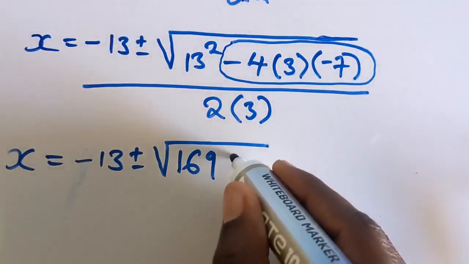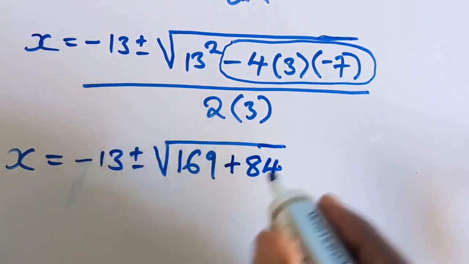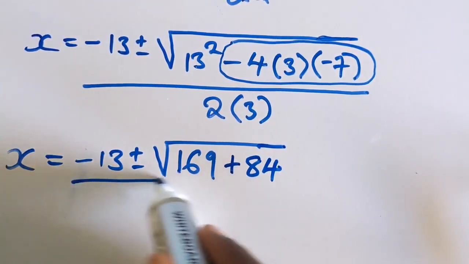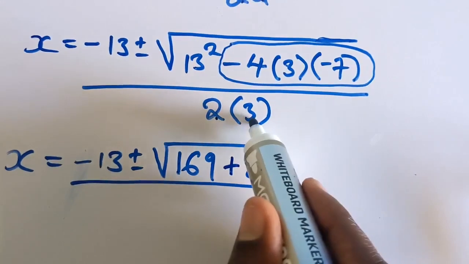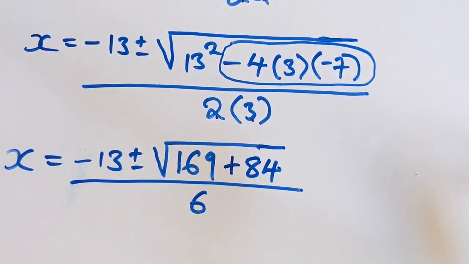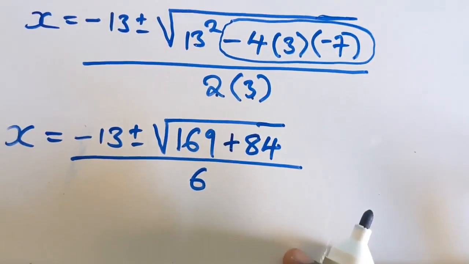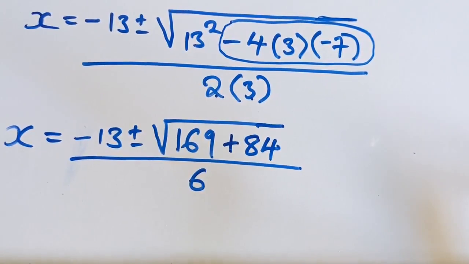So you write it as positive 84. Make sure that you do this. So here we are saying 2 multiplied by 3, you're going to have 6. As simple as that. So that is what you are supposed to do.